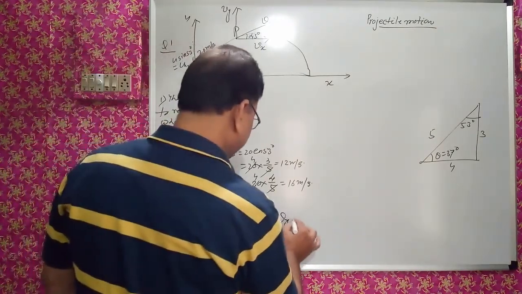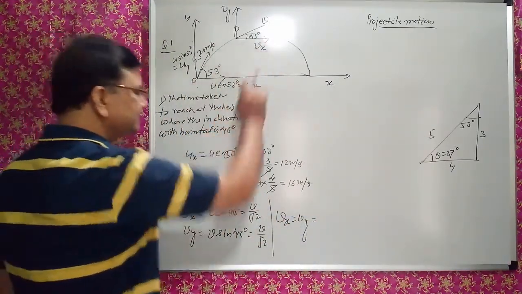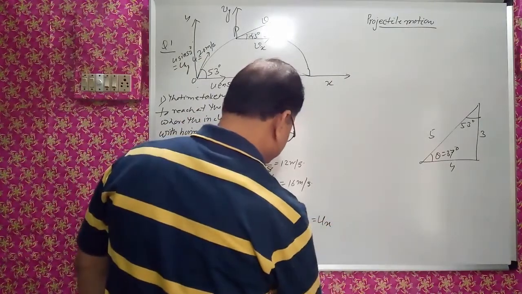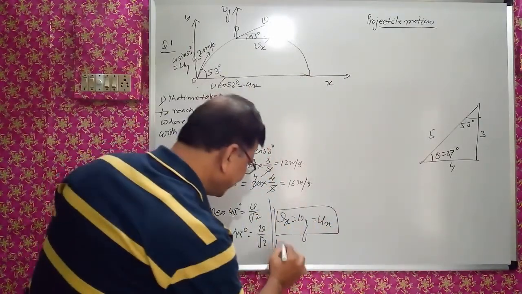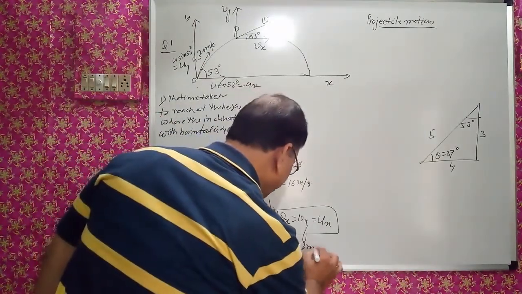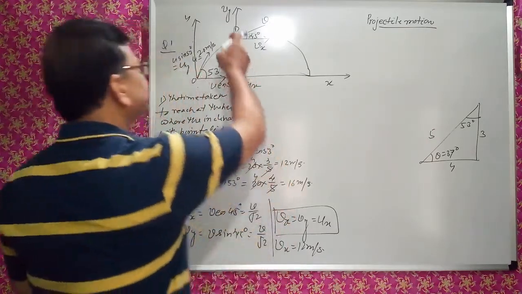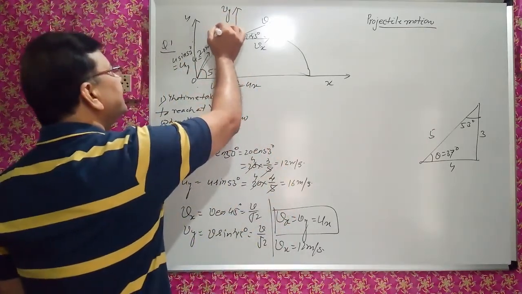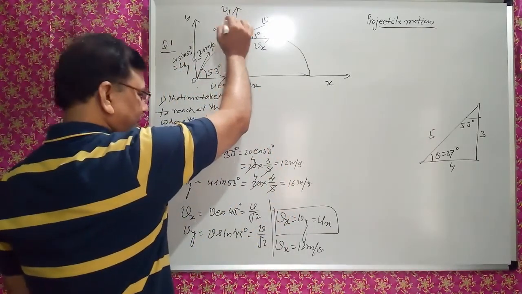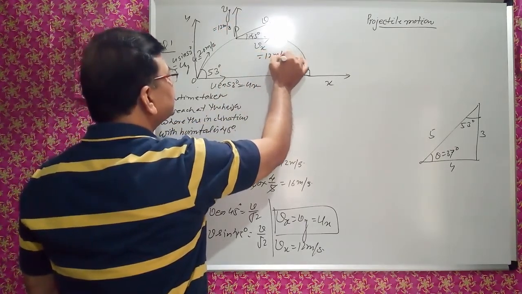That is Vx is equal to Vy. And Vx doesn't change, that is equal to Ux. This is important. That is why Vx is equal to Ux, that is 12 meters per second. And Vy is also 12 meters per second in this direction.